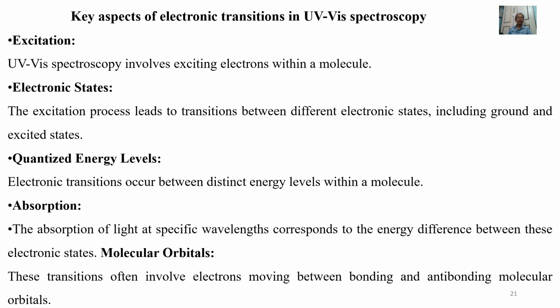Quantized energy levels: electronic transitions occur between distinct energy levels within a molecule. Absorption: the absorption of light at specific wavelengths corresponds to the energy difference between these electronic states. The last one is molecular orbitals: these transitions often involve electrons moving between bonding and antibonding molecular orbitals.